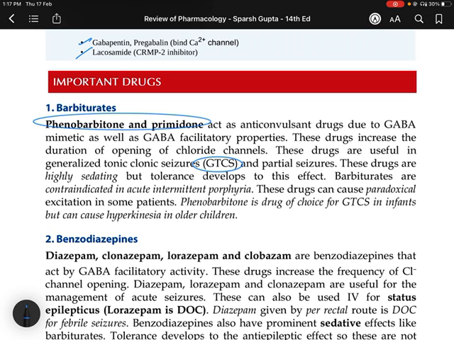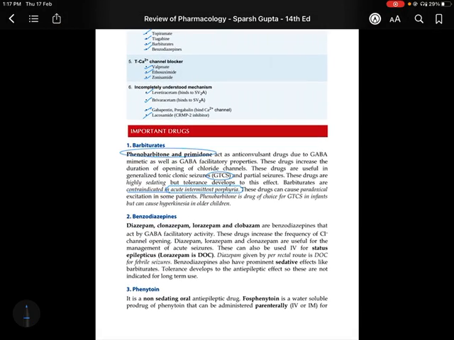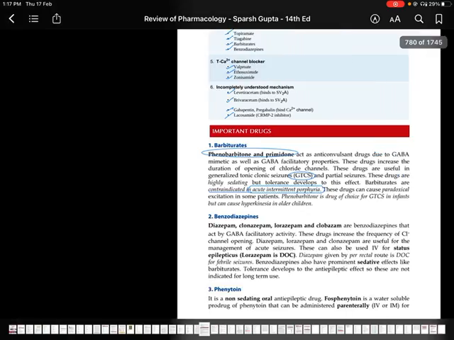So, why it is contraindicated in acute intermittent porphyria is because of the porphyrin synthesis. There is a synthase, something like that, as far as I remember.